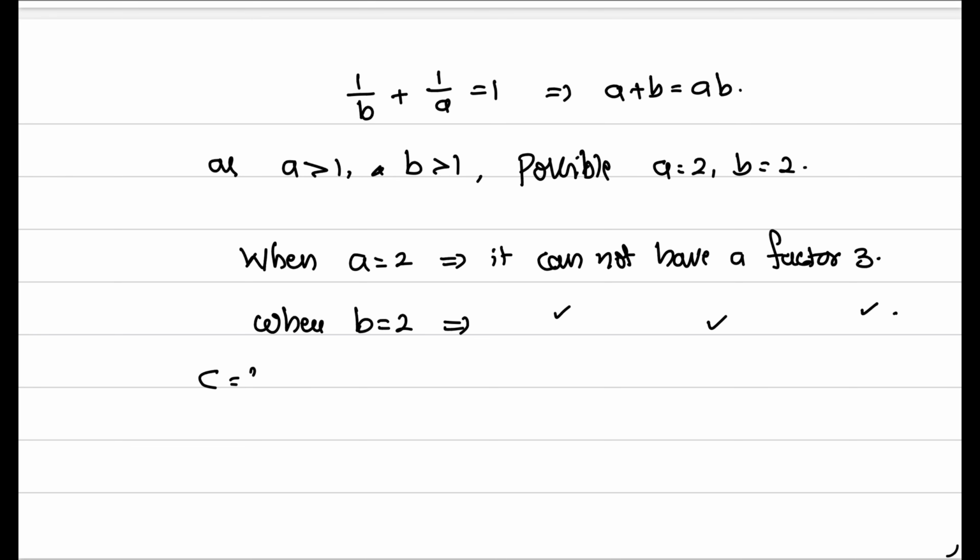C is equal to 3 is not possible. Let us say if C is equal to 5 is possible. Let us check.